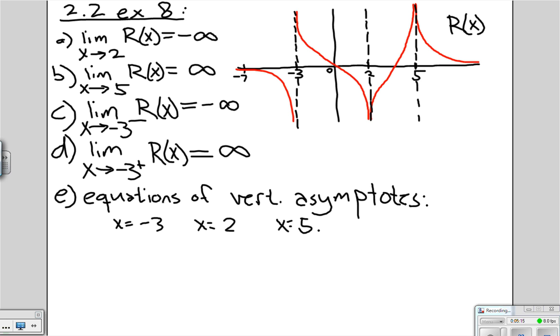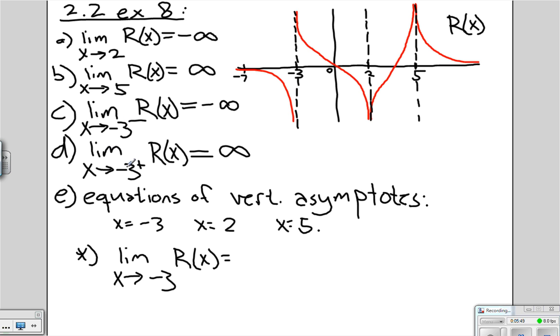Now the problem doesn't ask for this, but just for the heck of it, they could have asked, what's the limit as x approaches -3 without any decorations? Here we found the limit as x approaches -3 from the left.